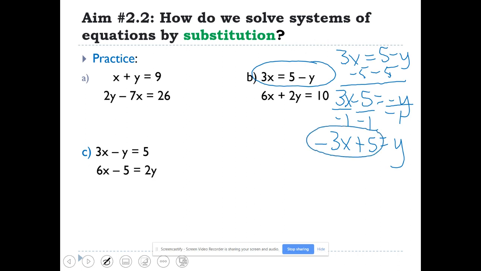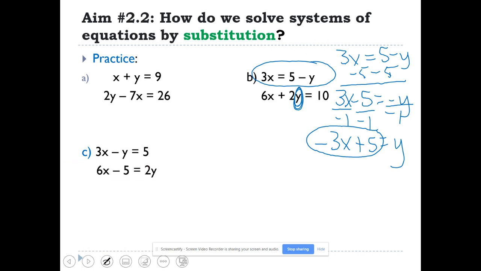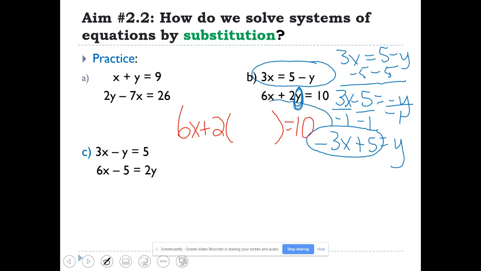I'm going to put this equation right here for that y. Remember, everything else gets written the exact same except for the y itself. So 6x plus 2, we don't write the y, is equal to 10. This goes in here, negative 3x plus 5.